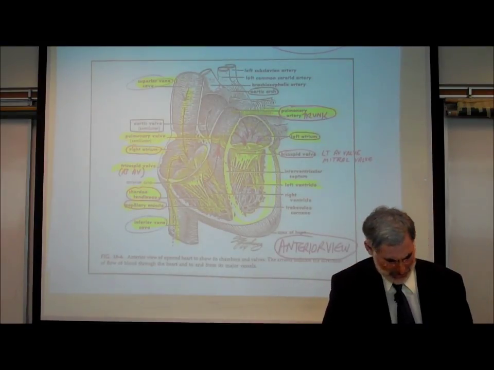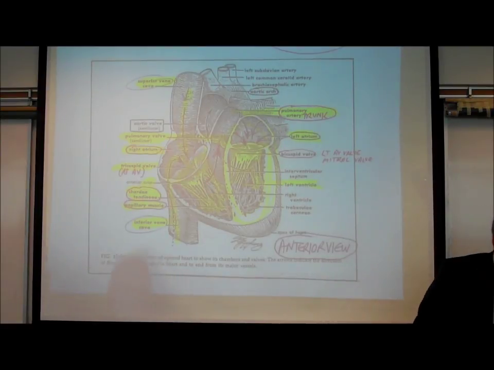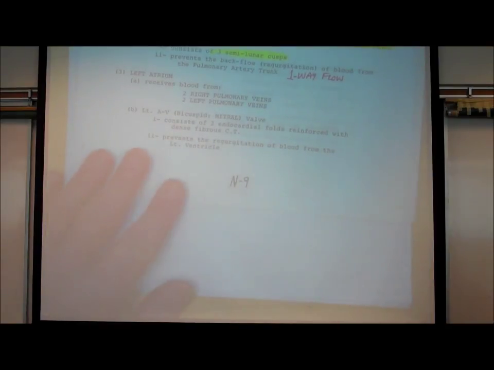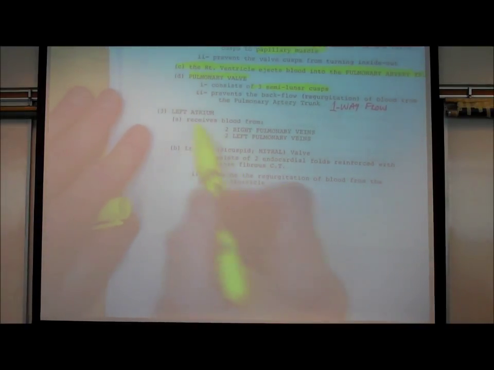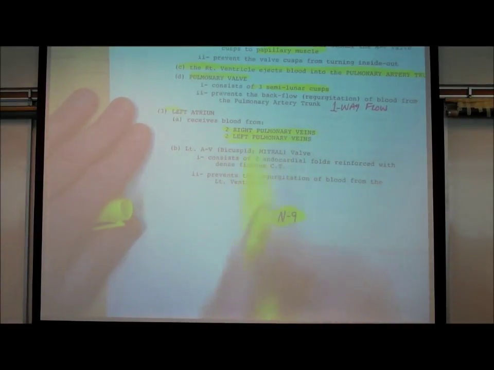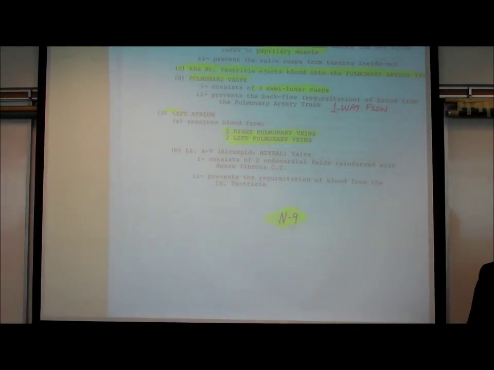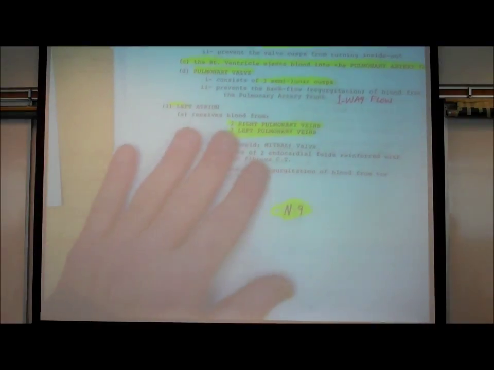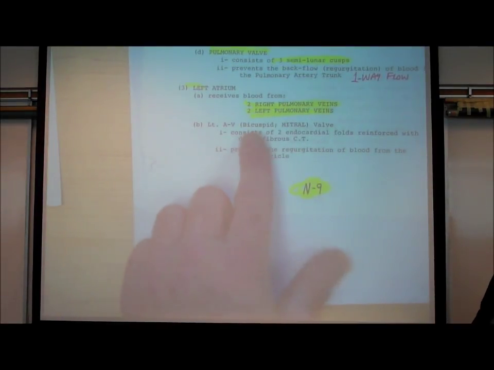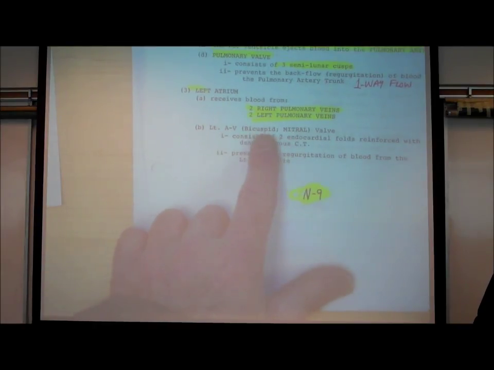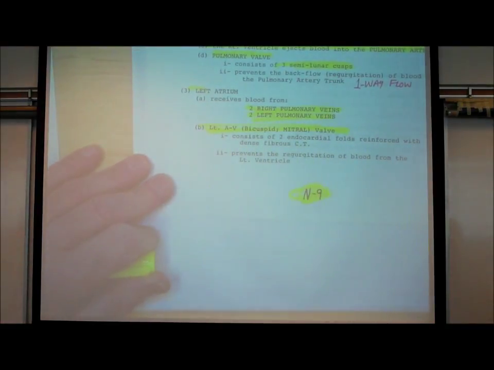You'd say, did you write any of this stuff down? Yeah, I did. Let's look on N9. On page N9, we wrote the left atrium receives blood from 2 right pulmonary veins and 2 left pulmonary veins. This is bringing oxygenated blood into the left atrium. All right, so the blood flows from the left atrium past this valve called the left AV valve, which is also known as the bicuspid or mitral valve.